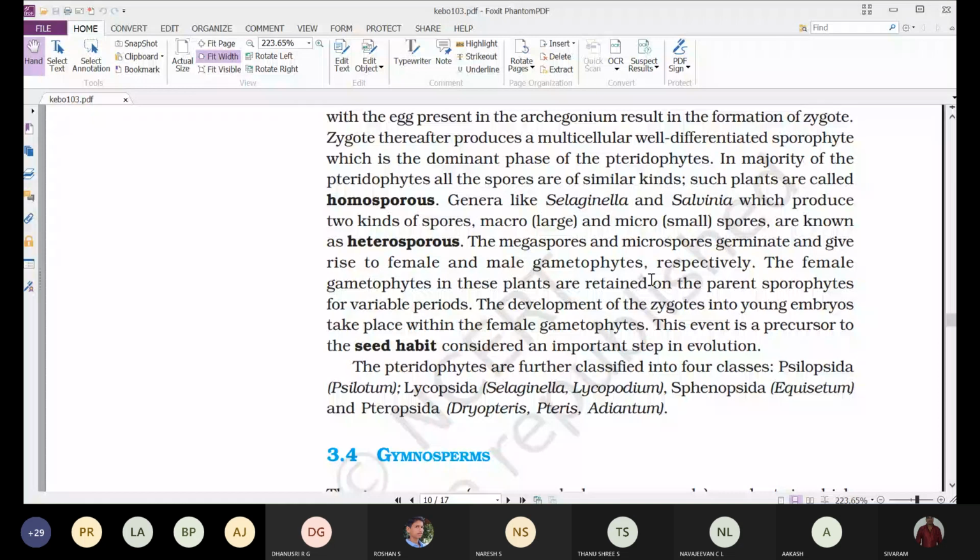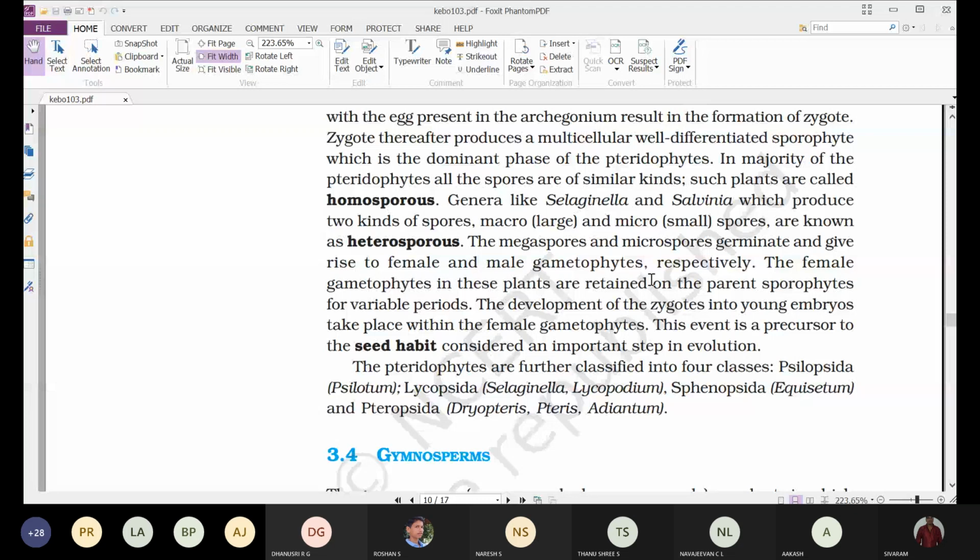This event is a precursor to the seed habit, considered an important step in evolution. Very, very important statement. The development of zygote into embryo will take place within the female gametophyte, that is the archegonium.